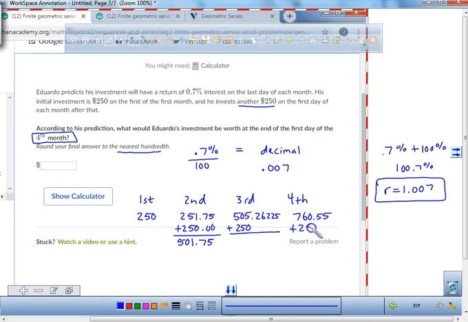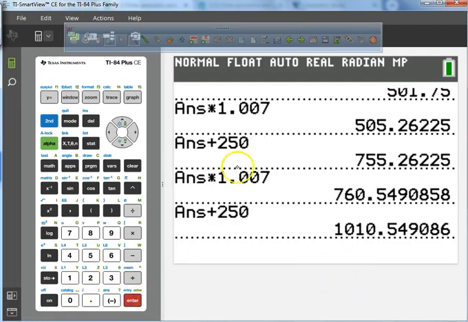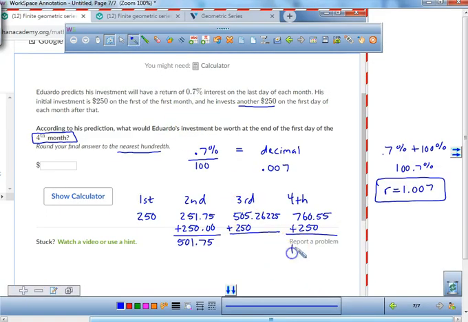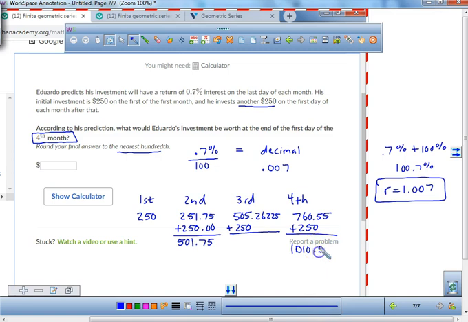Looks like I gotta add another $250. So on the first day of the fourth month, his final total would be $1,010.55 if he had to add another 250.